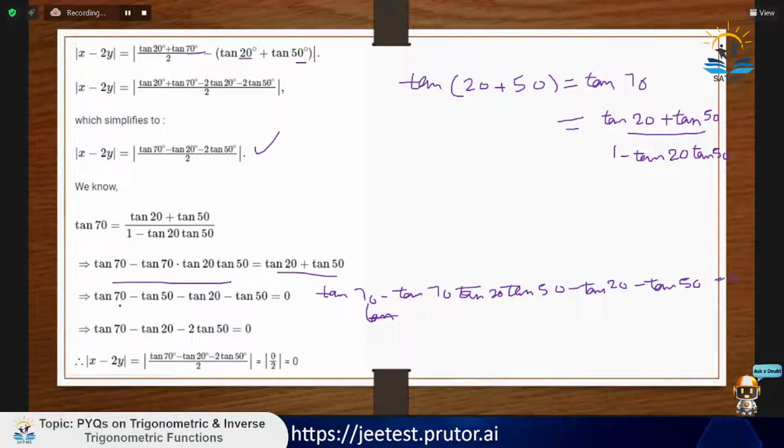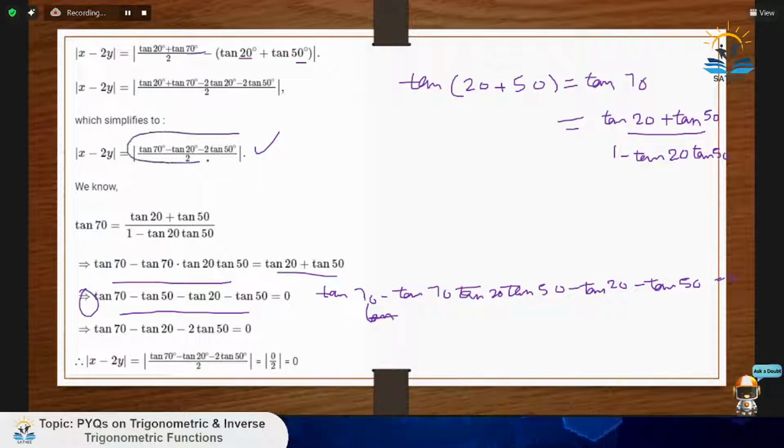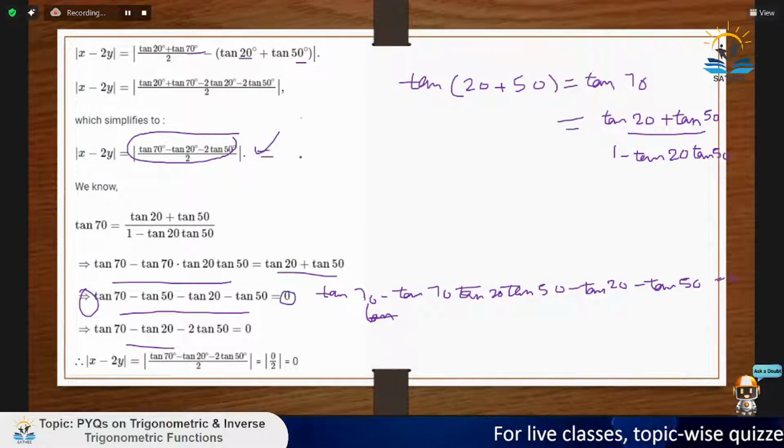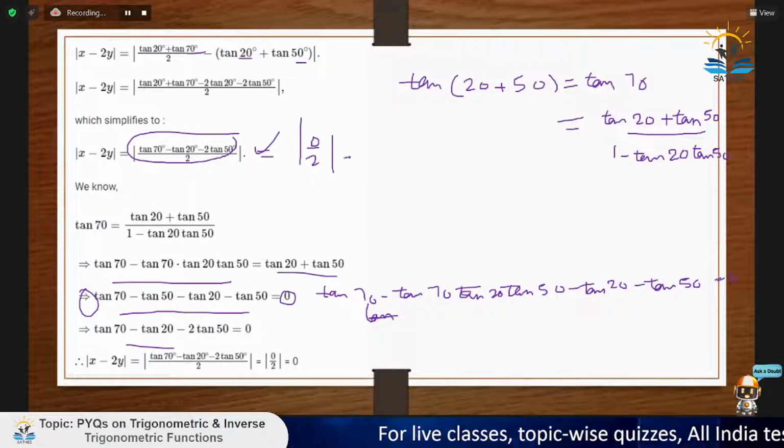Okay. So on further simplifying, you will get tan 70 minus tan 50 minus tan 20 minus tan 50 equal to 0. But you can see that this expression and this expression are the same, because here also you are getting minus 2 times tan 50 and here also you are getting minus 2 times tan 50, tan 70 minus tan 20, same expression, and this thing is equal to 0. So this will also be equal to mod of 0 by 2, that is equal to 0.